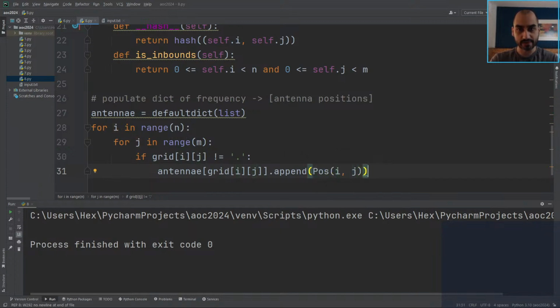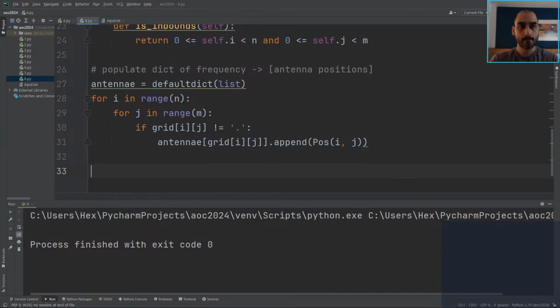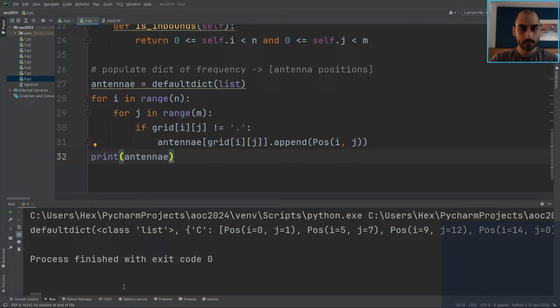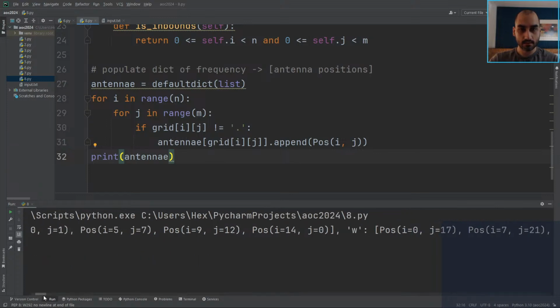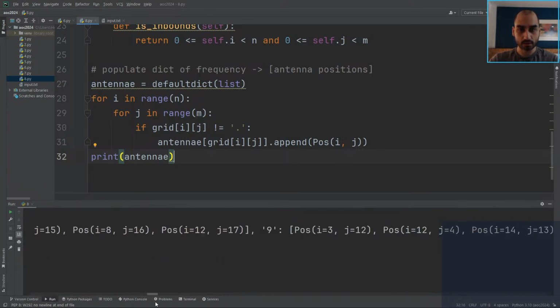Just pop a pos in there. Print antennae. So C, W, okay, that looks good.